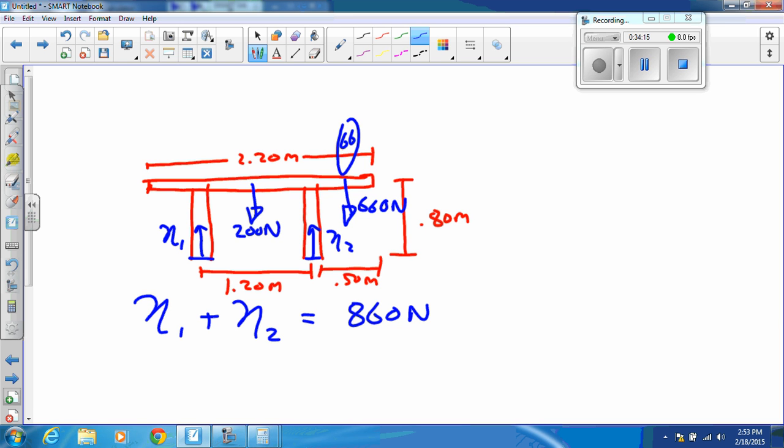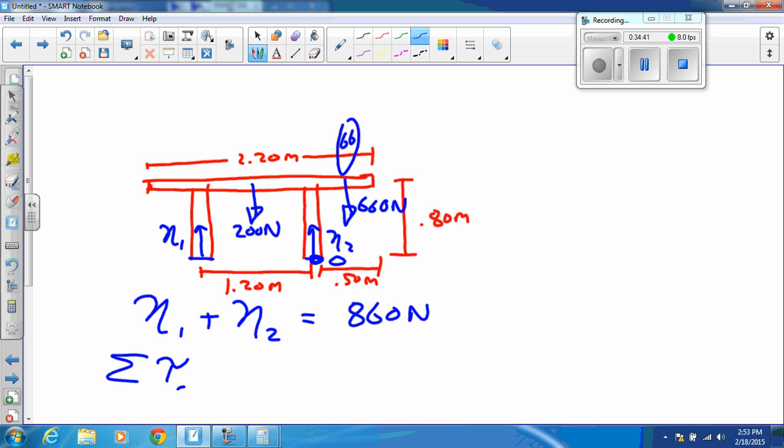And so we are going to say that the sum of torques for that person, let's take the pivot point to be this leg of the table right here. Does that make sense? Because when he, she, or it flops over, then it's going to be around this leg of the table.